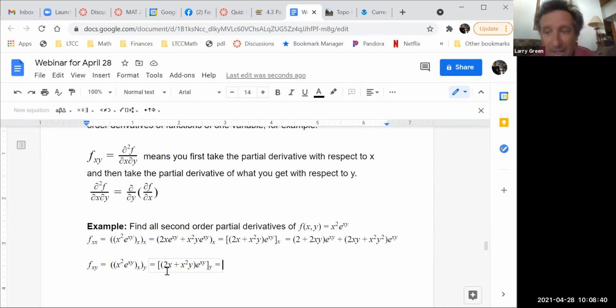Okay, and the answer is yes. We still need the product rule. The derivative of 2x plus x squared y is just x squared, and then times e to the xy. And then plus the derivative of e to the xy is x e to the xy, times the first factor.